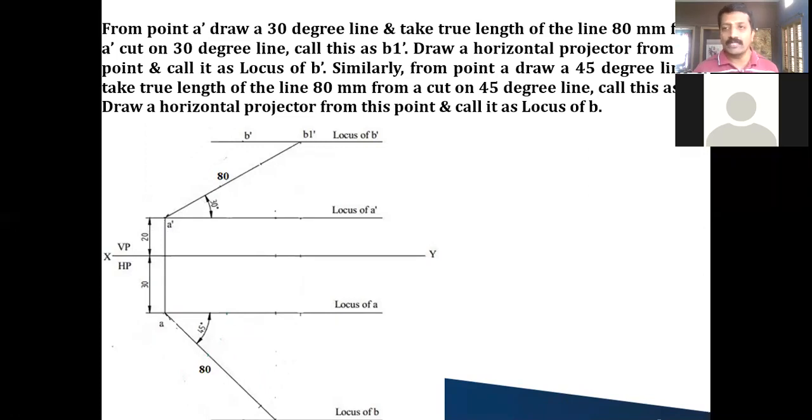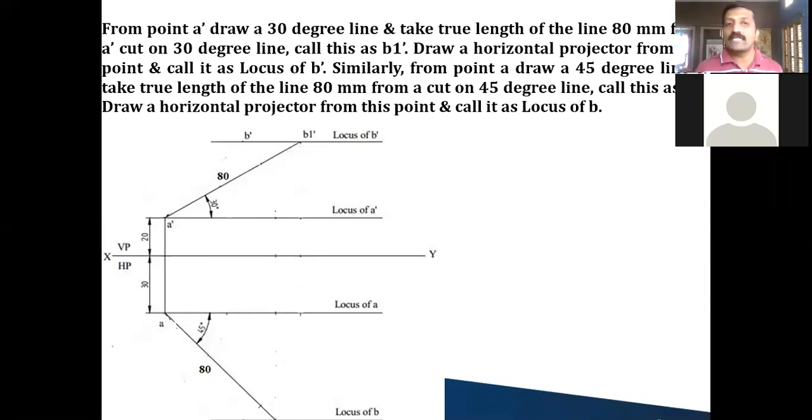On the true inclination, the true length of the line should come, right? What is the true length of the line? The true length of the line is 80 millimeter. So from A dash as the center, you take 80 millimeters as the radius and cut this 30 degree line. Wherever it cuts, from that point you draw the horizontal projector line and call this the locus of B dash.